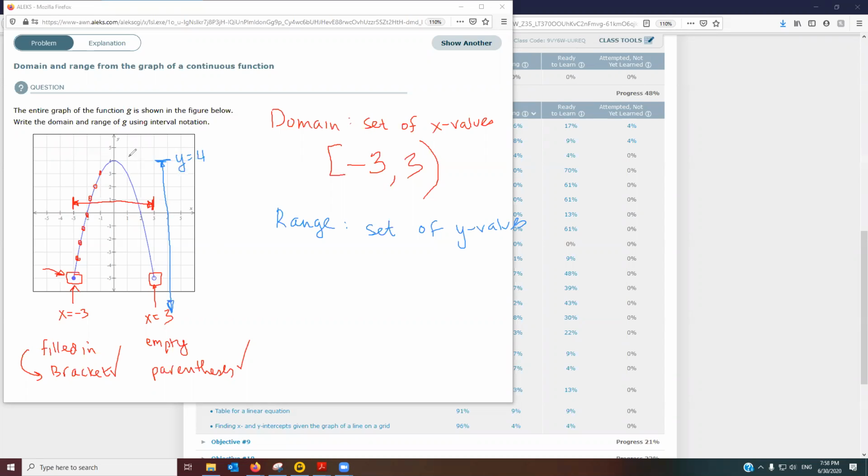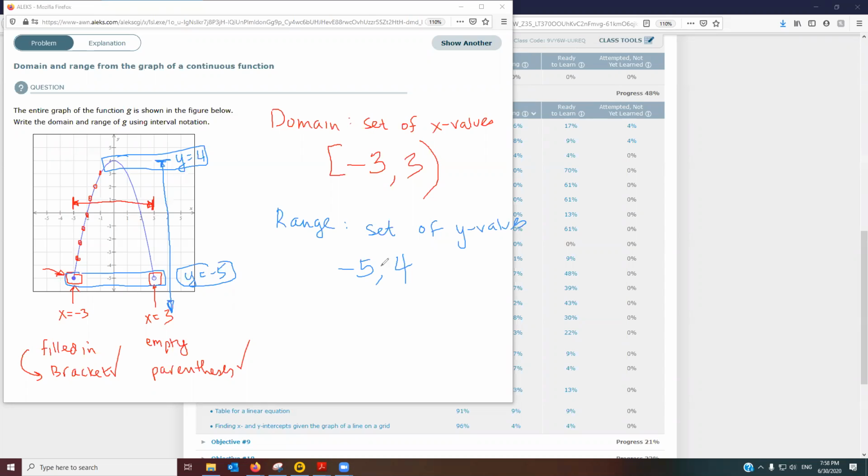So there's a y value here of 4. And what about on the bottom? Well, it's going down to y equal -5. And it does include -5 itself because of that solid dot there. So it looks like I'm going from -5 on the low end to +4 on the high end.